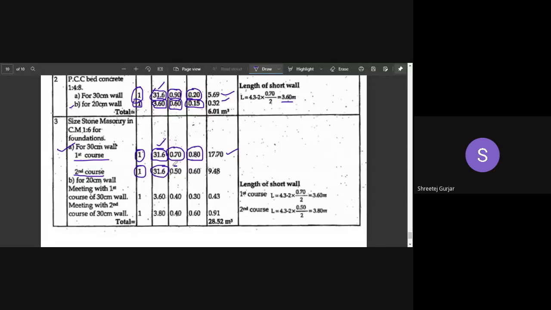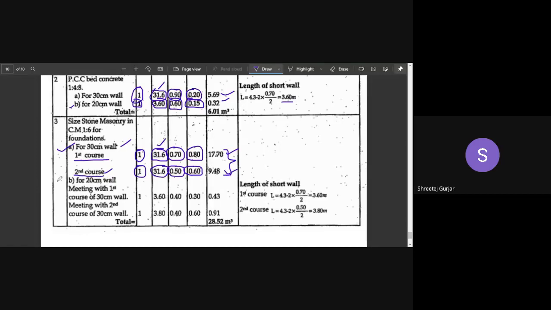Then width we can see in the figure, it is 0.5, and the depth or height of the second step is 0.6. So multiplying all these values, we get the quantity of your side stone masonry in second step of your 30 centimeter wall. So this is for a 30 centimeter wall.